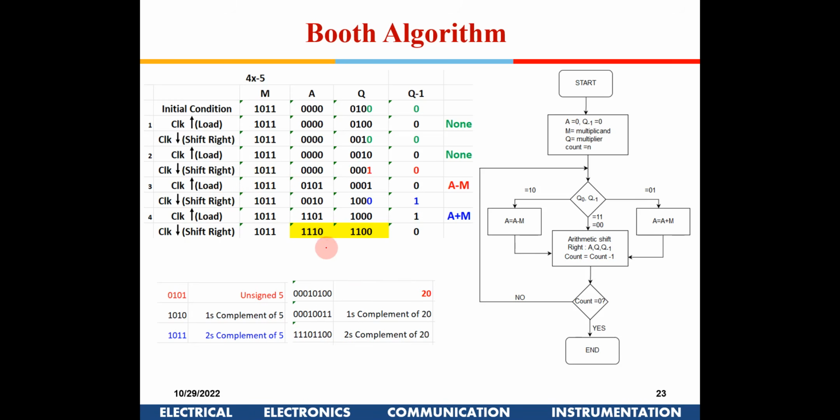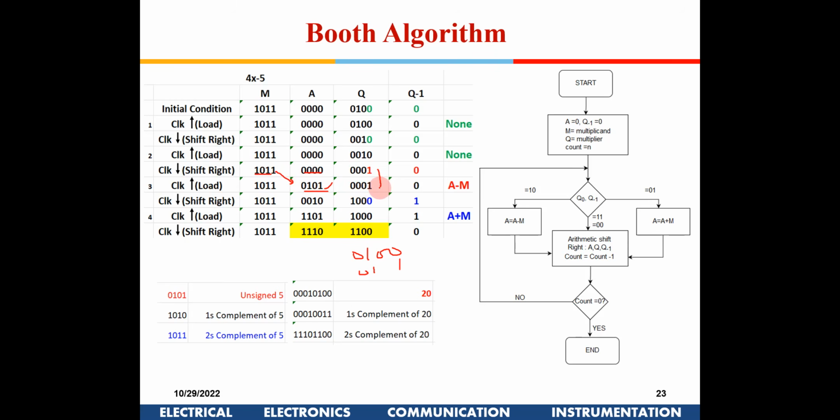Yes, 0 1 0 0, and then add one more 1. So this becomes 0 1 0 1, right? A minus M. So is it clear? You have to be very careful. This is a negative number, but when I am doing a minus M, you again have to make a 2's complement of it. So this comes like this, right?